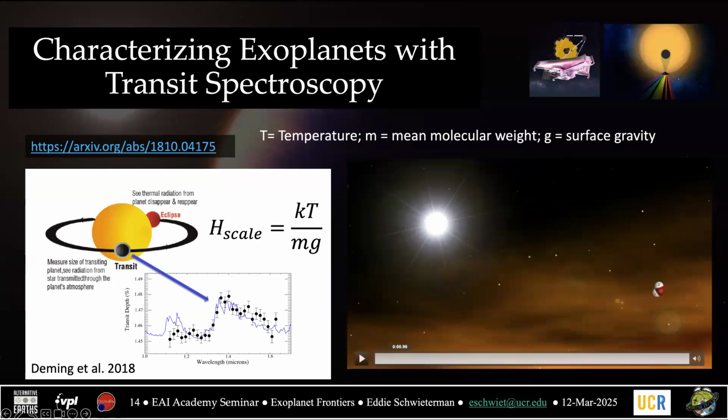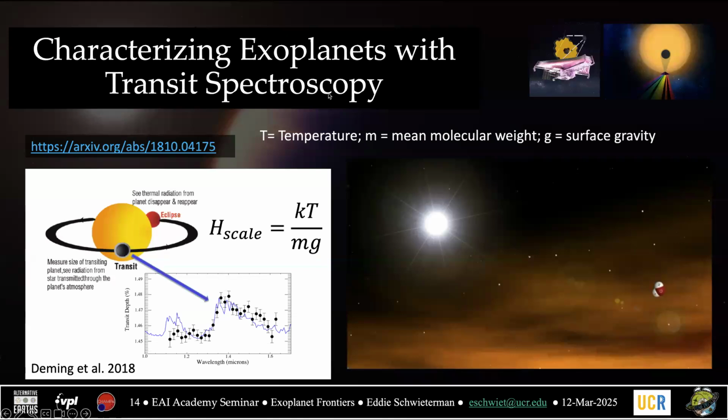One key parameter in understanding this is the scale height. The scale height is basically the vertical extent of the atmosphere. It's positively related to the temperature, so the hotter the planet, the more scale height there is, and the bigger the signature you get from the atmosphere.